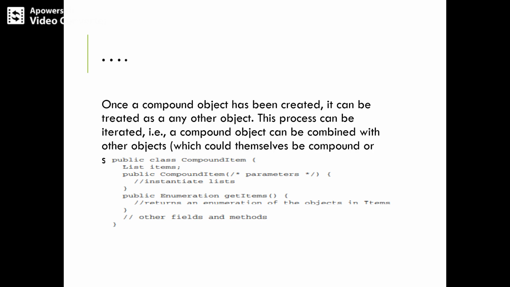Many compound objects could be created or selected when adding new features on a priority basis. A compound object can be combined with other objects, because it is possible for a list of additional features to be combined, which could themselves be compound or simple objects, to create another compound object.